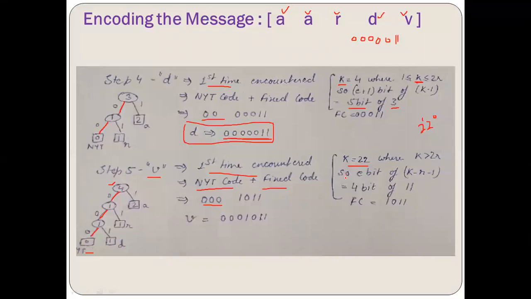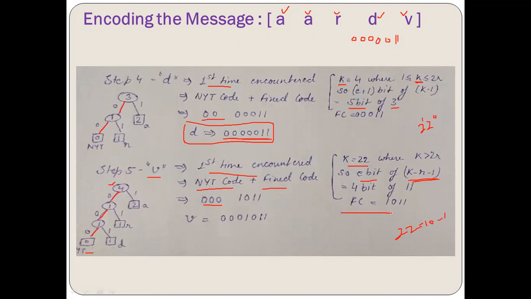So the other condition is used here, that is E bit of K minus R minus 1 is represented. So E is 4 and K is 22, 22 minus R, that is 10, minus 1. So what I get is 11. 22 minus 11 is 11. So 4-bit representation of binary number 11.